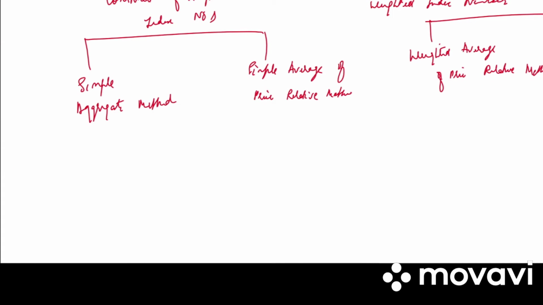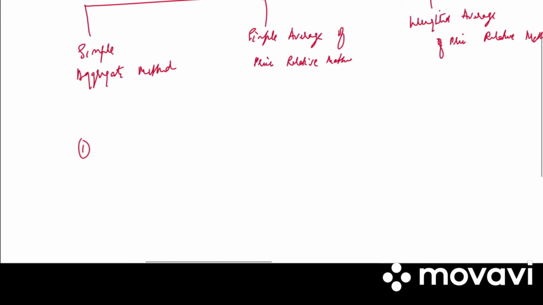So write down the first one, construction of simple index number. Under that, first, simple aggregate method.